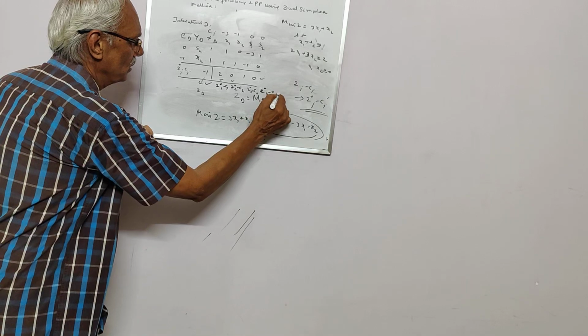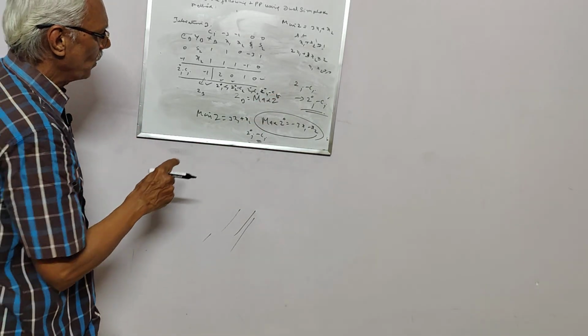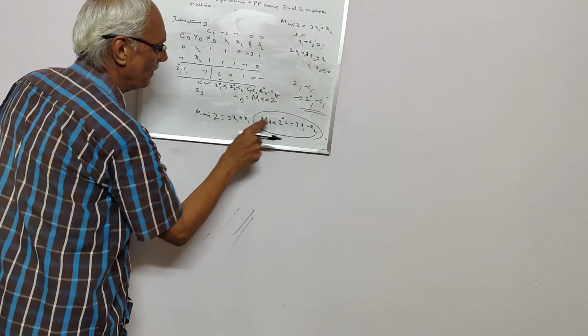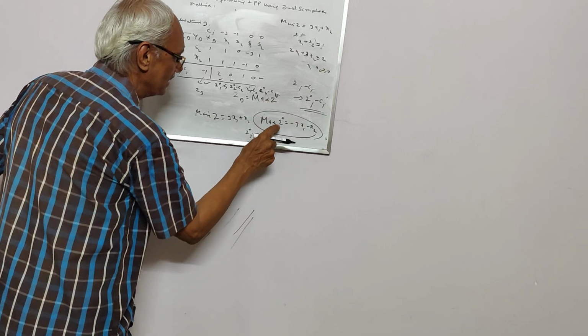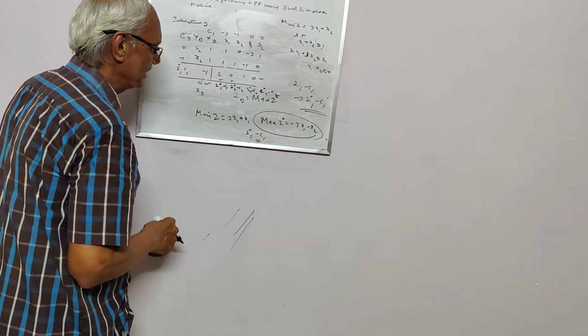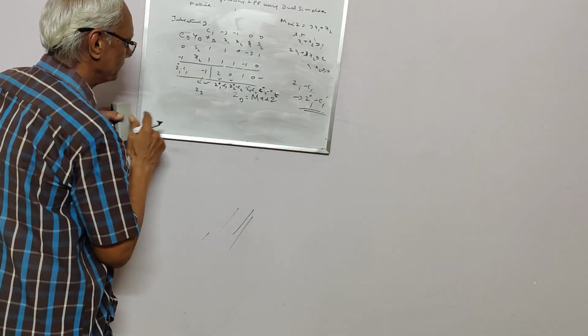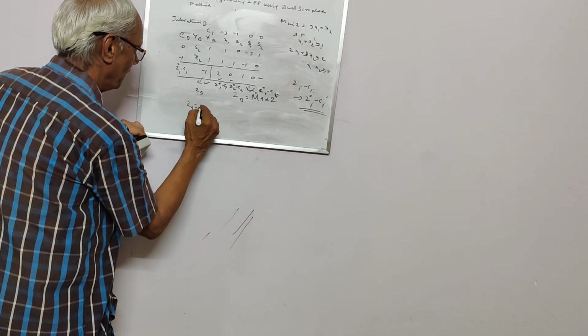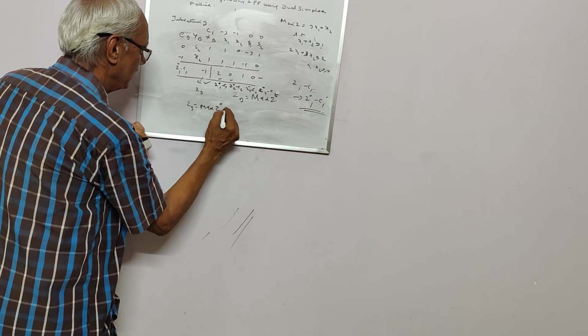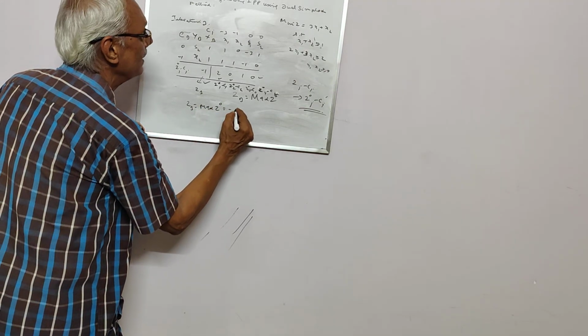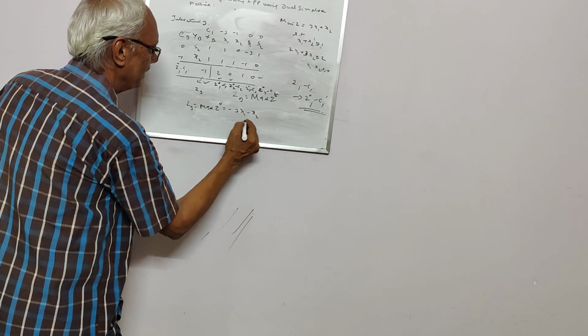So you see that we have got a maximization problem here. So Zb is the maximization of Z0, that is equal to minus 3x1 minus x2.